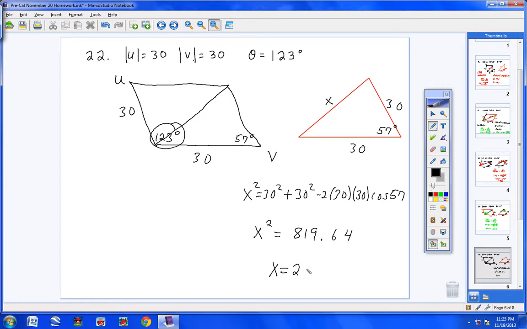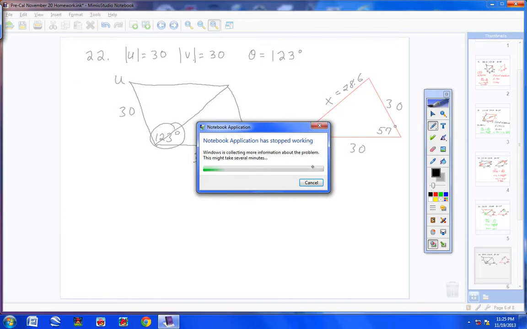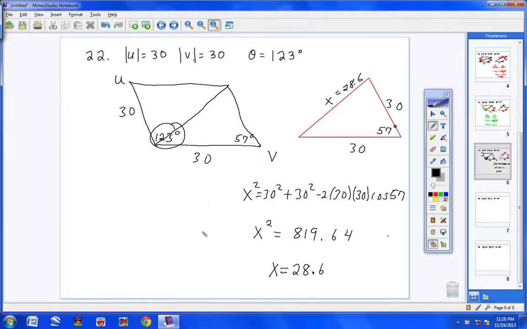So x equals 28.6. So this resultant right here is 28.6. Now, the next thing the directions ask us to do is they ask us to find... Sorry about that little computer problem. So the resultant is 28.6.